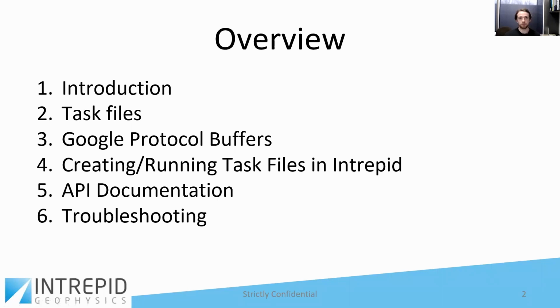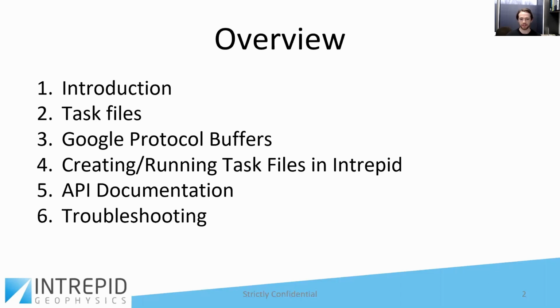Today we'll be going through a few things. I'll firstly be explaining what the API does in Intrepid, and mostly explaining why we've moved on to this newer format, the Google Protocol Buffer, and why we're trying to transition to this technology. Then I'll give a few examples of how you can make the task files, how you run them, and some of the advantages over the job files.